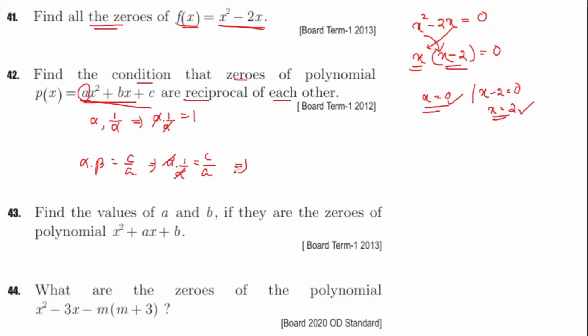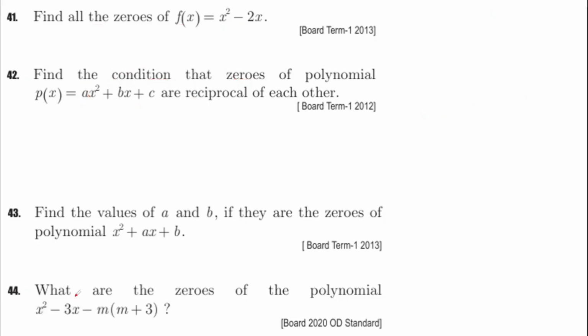Now if you simplify this equation, you will get a is equal to c. Okay, this a will go to the left hand side and get multiplied with 1, and that will give you a, and that is equal to c. So this is the condition where the zeros are reciprocal of each other. Now let's move to the next question.